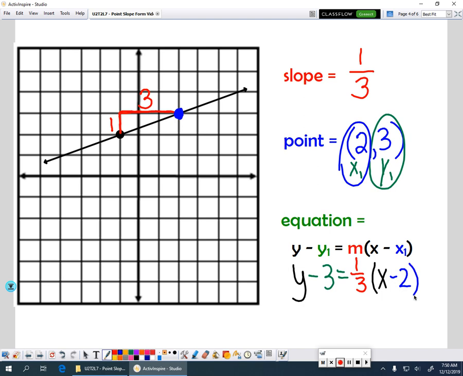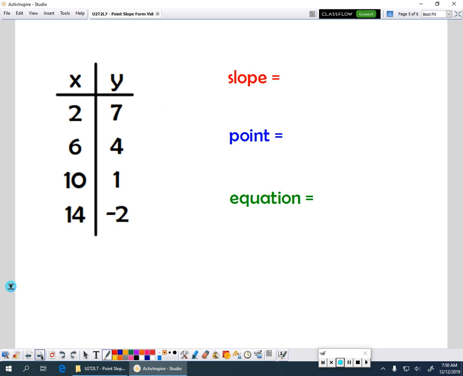Okay, now you can use point-slope from a graph, from a table, and also from a set of ordered pairs. All you need is your point and your slope. So my slope, again, I'm going to look for my change in y over my change in x. So my change in y here is -3. I'm subtracting 3. My change in x is adding 4.